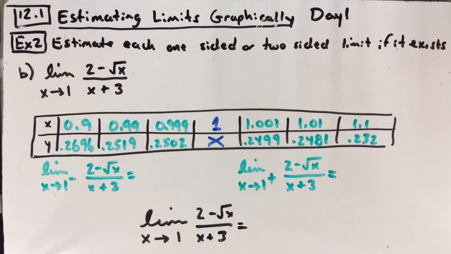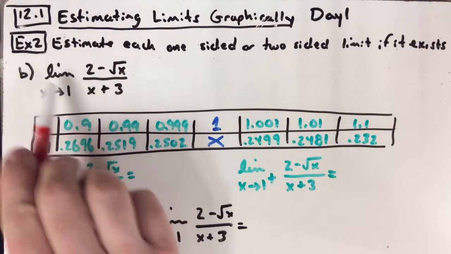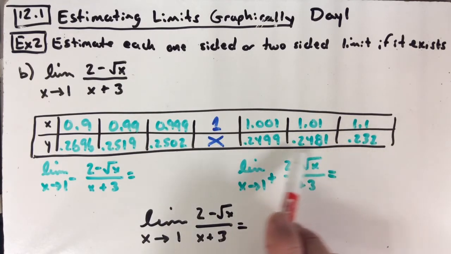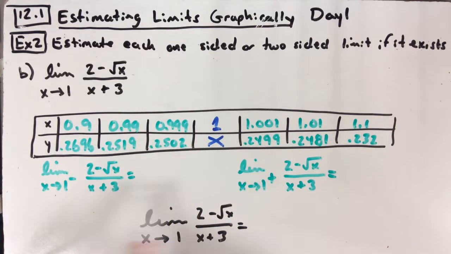So if that's a test question, that's what it would look like. Again, you'd have the original problem. I would give you the x values. You would need to plug into your calculator and calculate the y values, and then I would give you these three limits listed out exactly the way that they are here, with a blank after each equal sign.